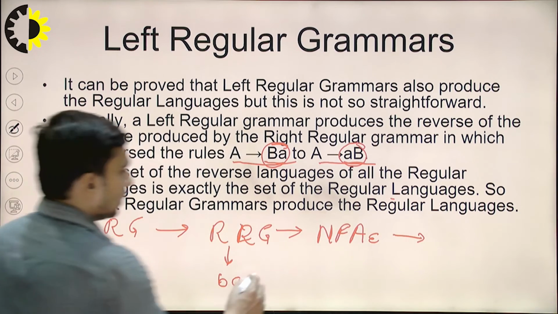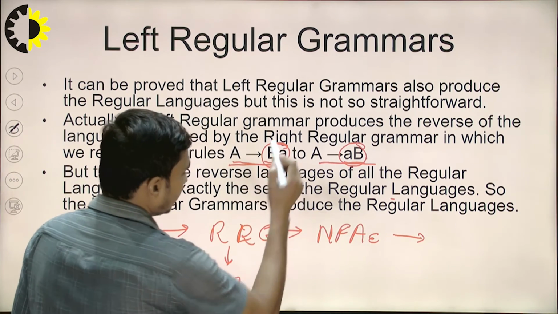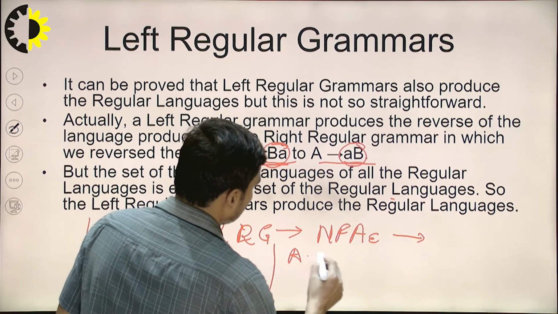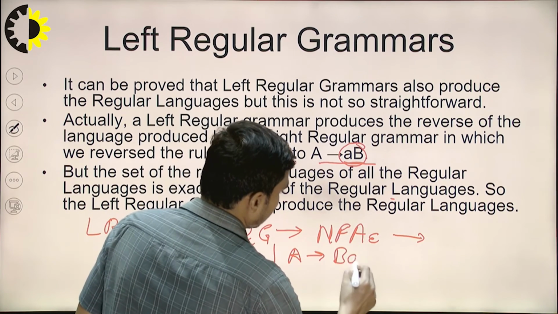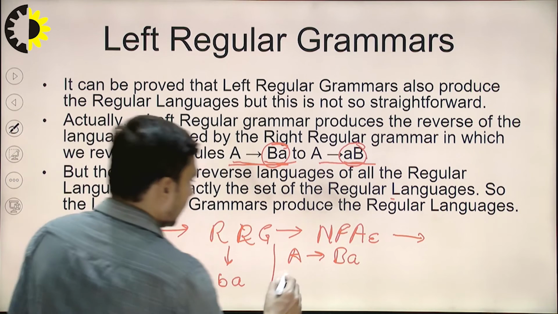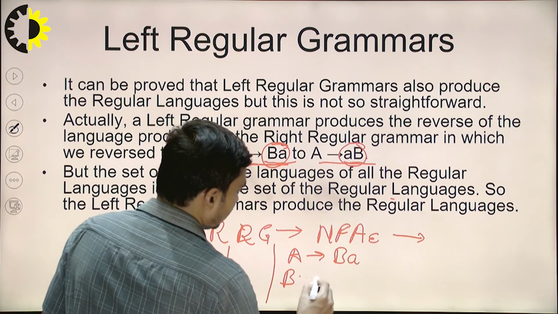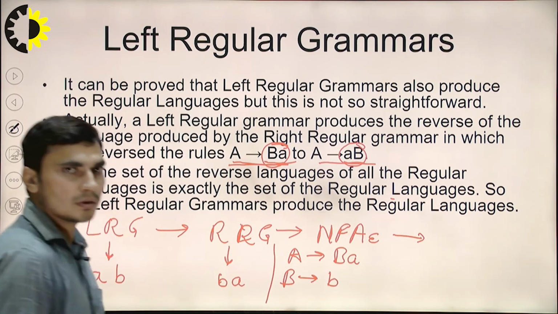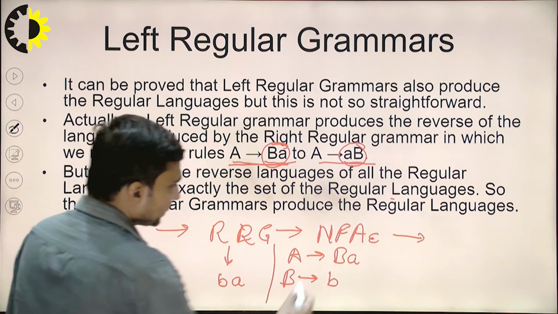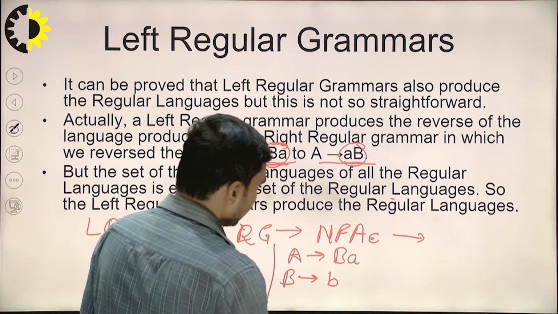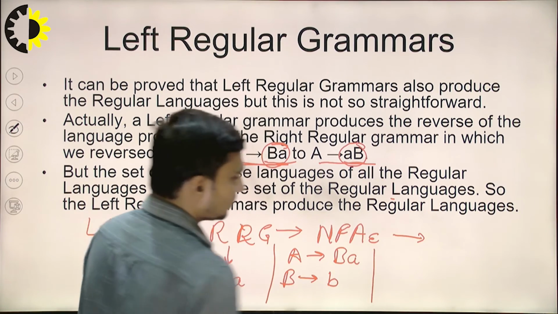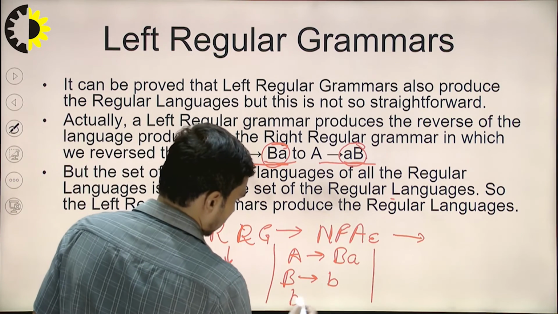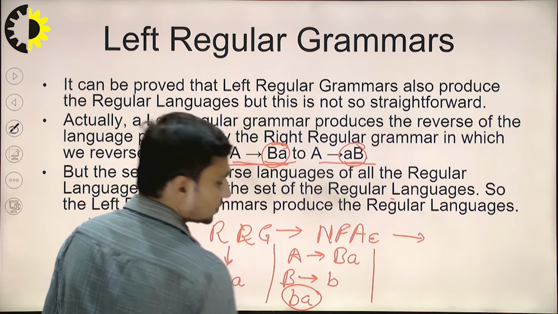So if you take this rule, let's suppose we have small a tends to B A, and we are representing this B as small b. Whatever string we get from these production rules, we will get BA.